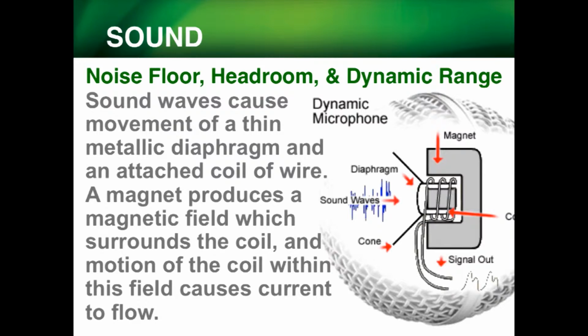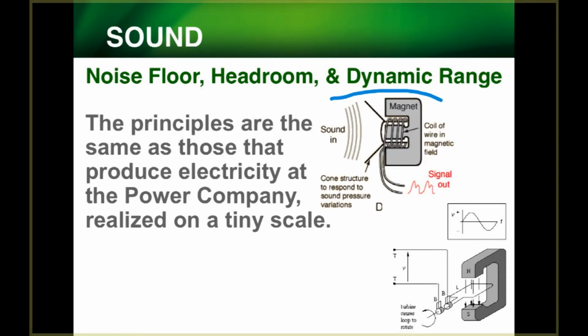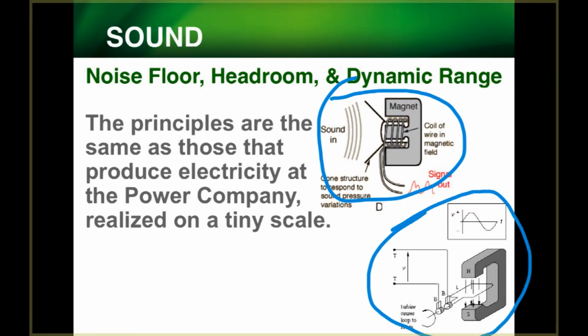Essentially, the principles for this are very similar to how electricity is produced in a power generator. Here again is a close-up of a microphone, and down here is a diagram of how a generator works. In a generator, you have a magnet, and a piece of metal that spins around within that magnet, and that causes electrons to move within those wires, which causes current.